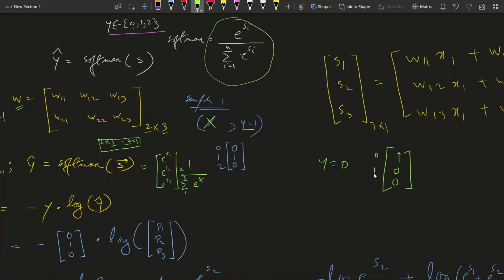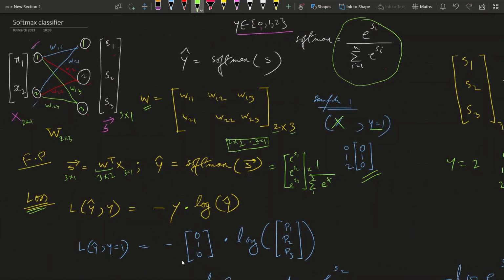Because if you give indices over here, one hot vector means that if y is 0, at that index you give it a 1, like turning on the bulb over there, and the rest of the LEDs will be 0. Similarly, if this is 1, then this is the one hot vector that you get. Similarly, if this is 2, then this will be the one hot vector, where this is turned on and the rest are turned off. So this is the concept of a one hot vector.